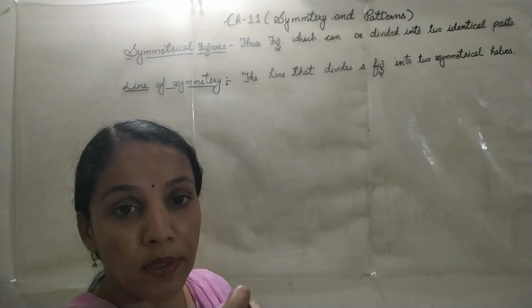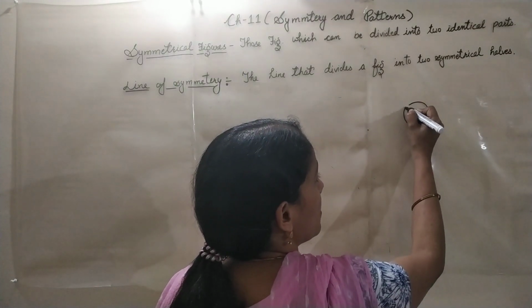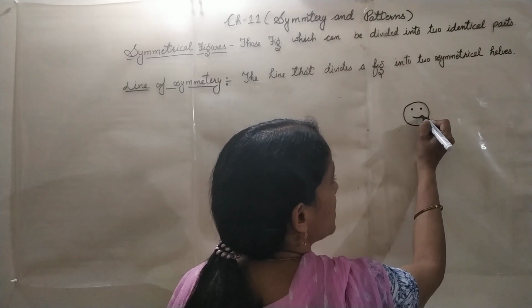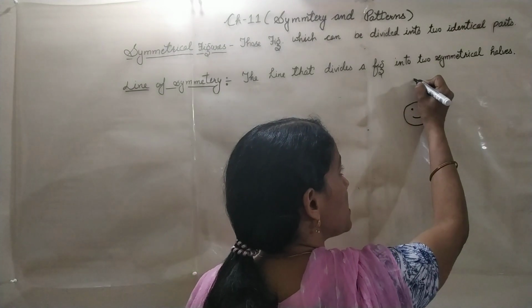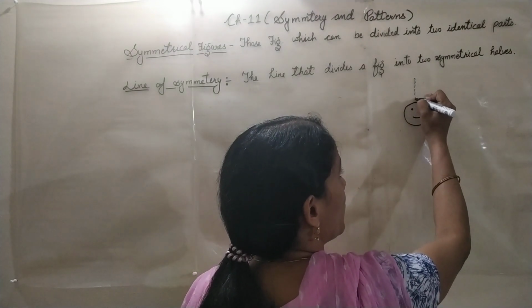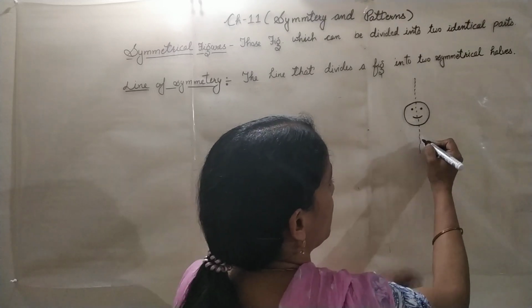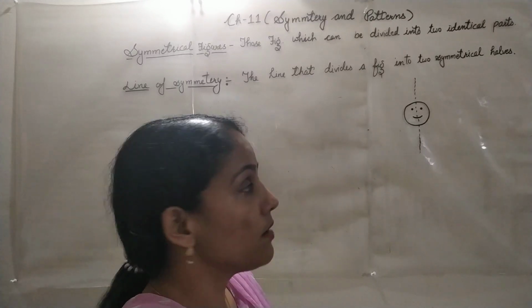Just see here, if I am taking the example of a face, a smiley face with two eyes. When we divide this with the help of a vertical line from above to down, just see what happened.